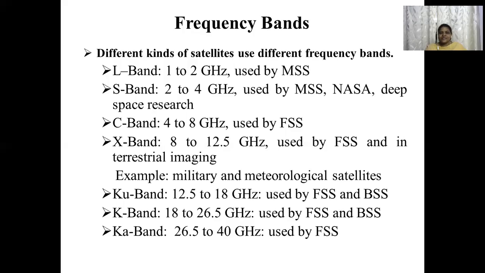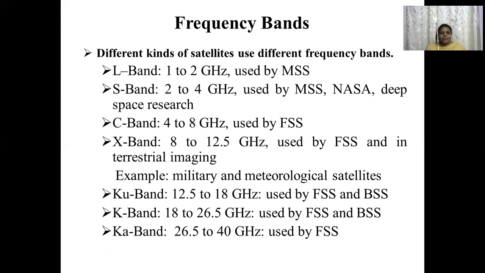Then fourth one is X-band. The frequency range of X-band is 8 to 12.5 gigahertz, and it is also used by fixed satellite services. The examples are military and meteorological satellites. Then coming to Ku band, the frequency range of Ku band is 12.5 to 18 gigahertz, and mostly it is used by FSS and also broadcast satellite services.